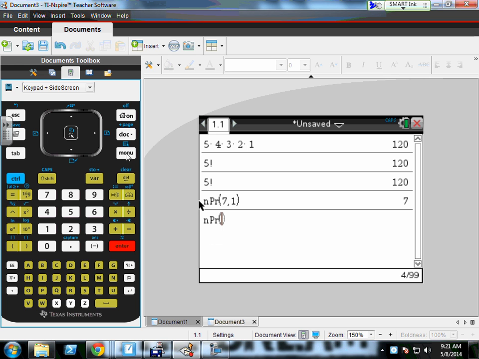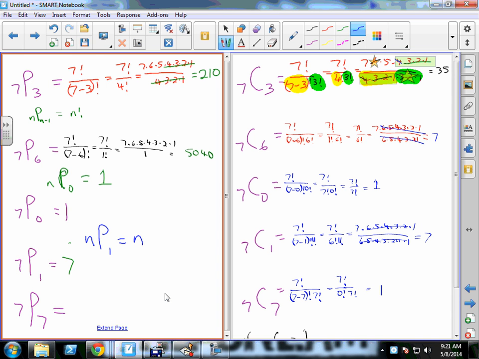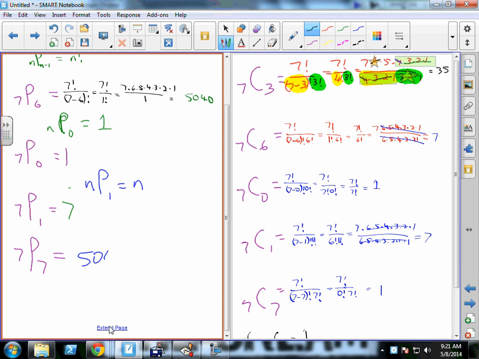There's permutations, and you put in 7 and 7. We get 5,040. So NPN is also n factorial. On an Inspire, you type in NPR or NCR, and then you put in N, comma, R.